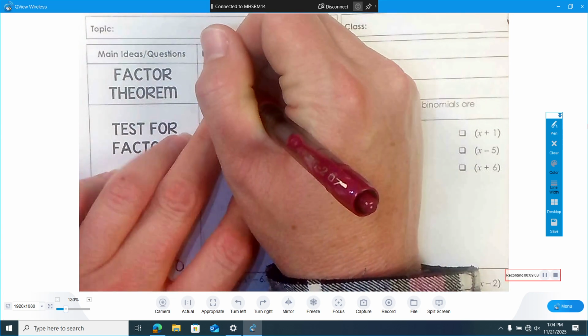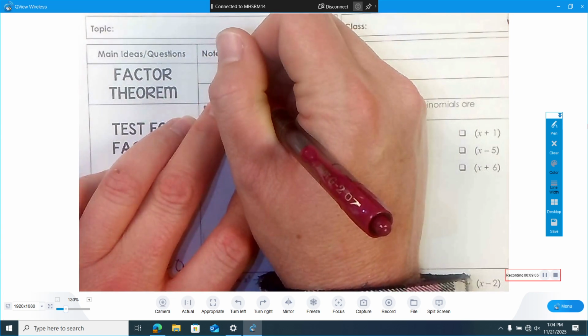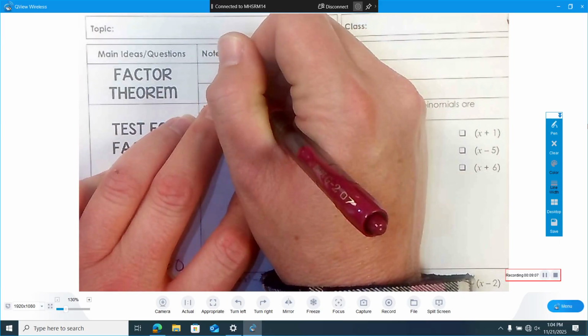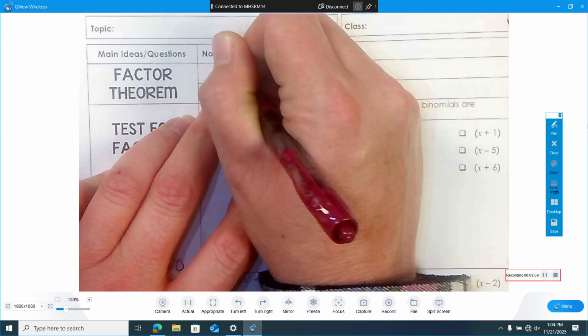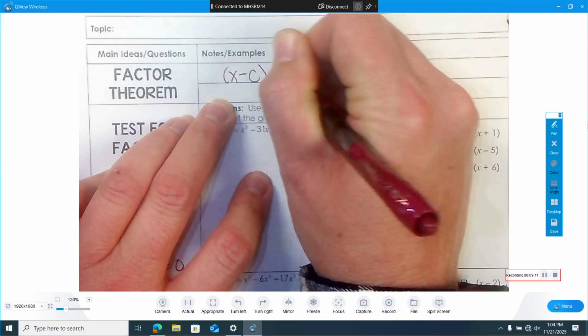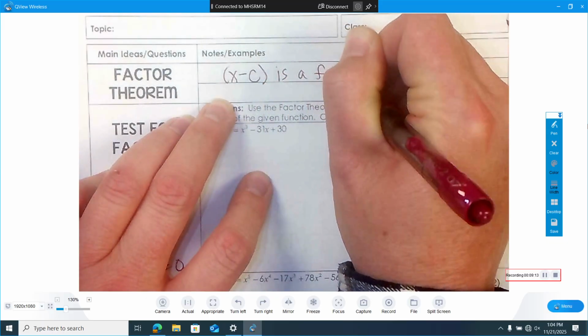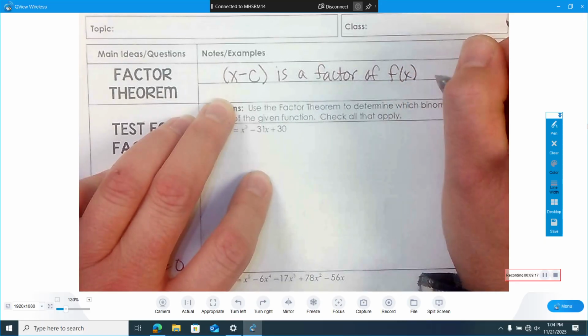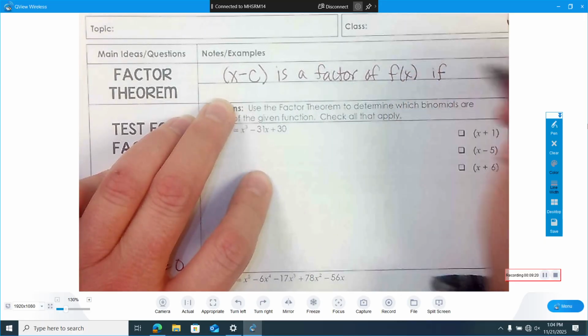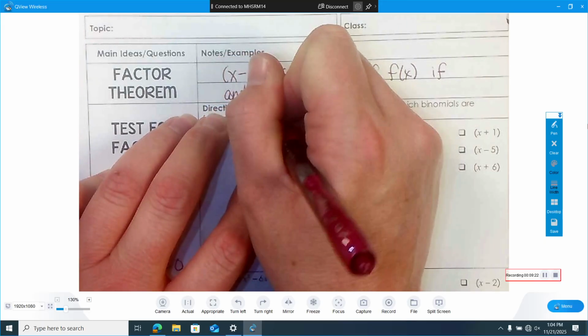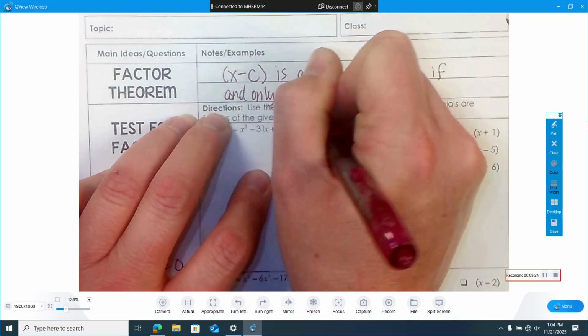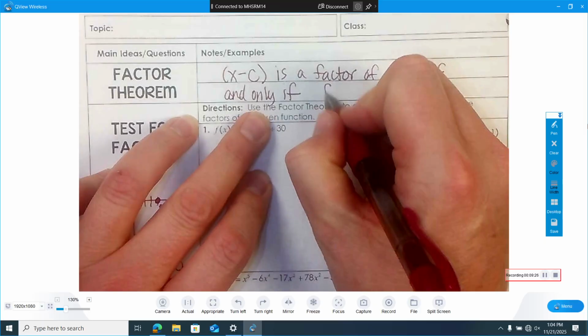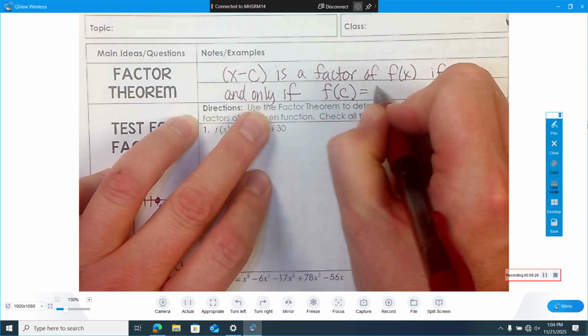So given, all right, the factor theorem says x minus c is a factor of f of x if and only if f of c equals 0.